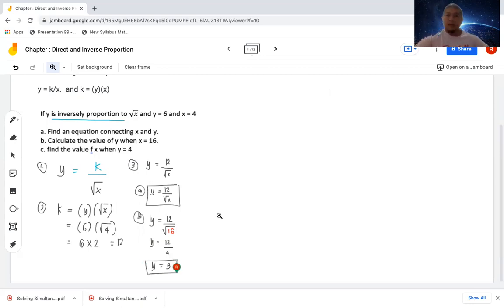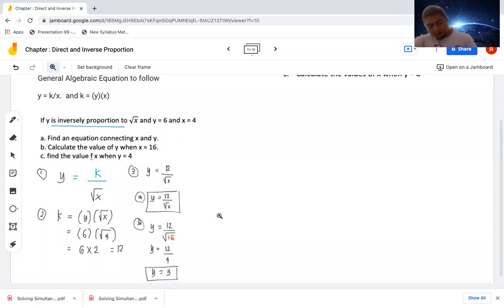I hope you guys understand that. Now we're going to go down to the third calculation, where you're asked to find the value of x when y is 4. Following the same equation, y equals 12 over the square root of x, we replace y with 4. The rest of the equation is the same as what we acquired in letter A. From here, all you need to do is switch these two.